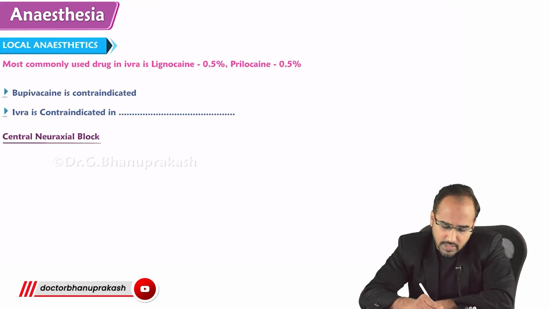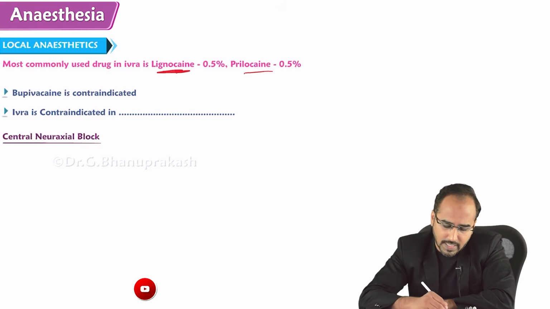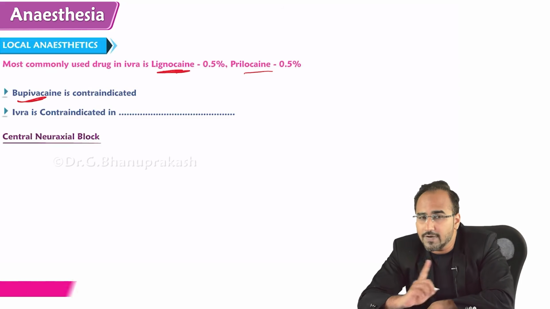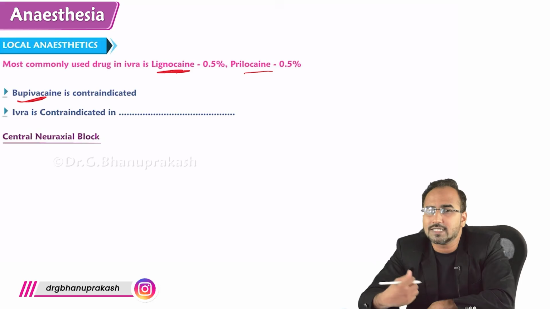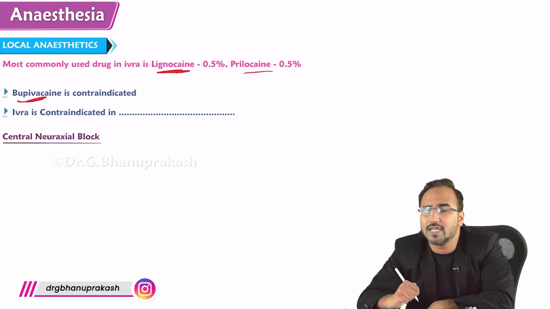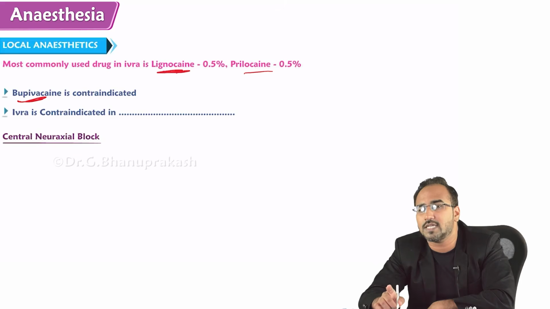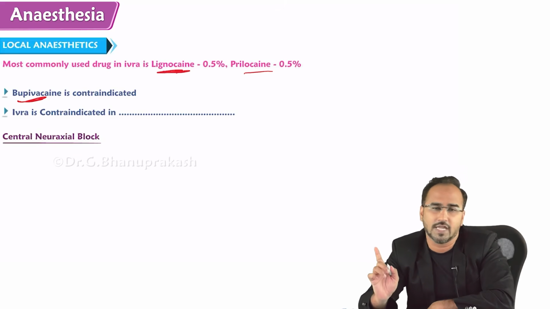So in IVRA, you can use lignocaine, you can use prilocaine, but can you use bupivacaine in IVRA? Yes or no? Bupivacaine should never be used in IVRA. Why, sir? Because bupivacaine is the most cardiotoxic local anesthetic and it causes cardiotoxicity when you give this drug through the IV route.